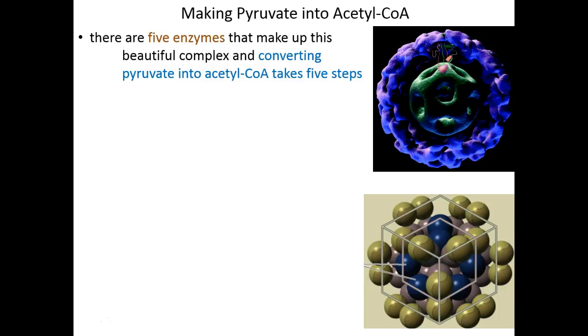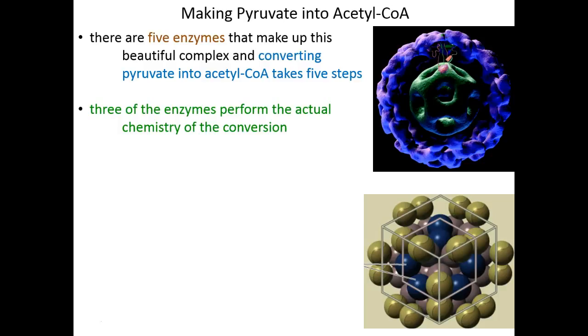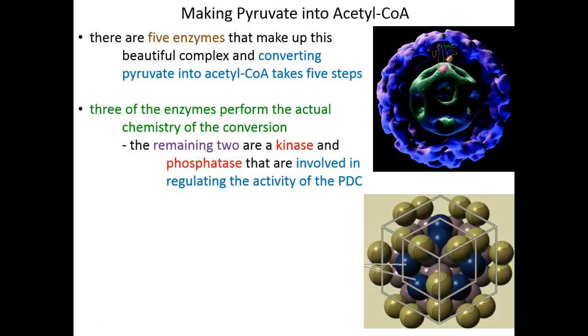It takes 5 different enzymes to both perform the catalysis of the PDC and regulate it. 3 of the enzymes that we find in the PDC are actually needed for the conversion of pyruvate into acetyl-CoA. The remaining 2 are regulatory enzymes. One is a kinase and one is a phosphatase, and together they're responsible for turning the PDC on or off depending on our energetic needs in the cell.